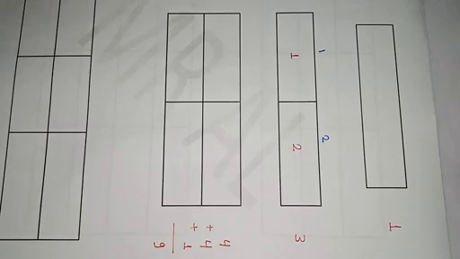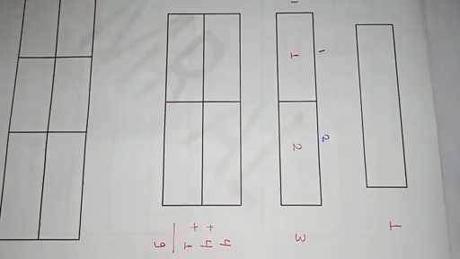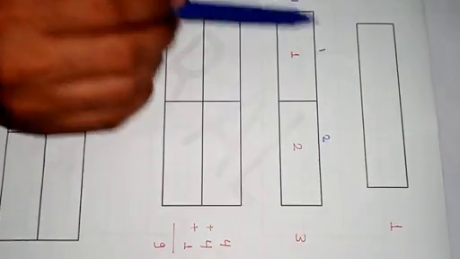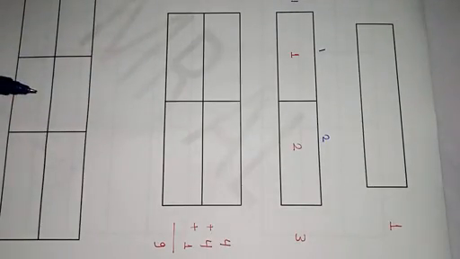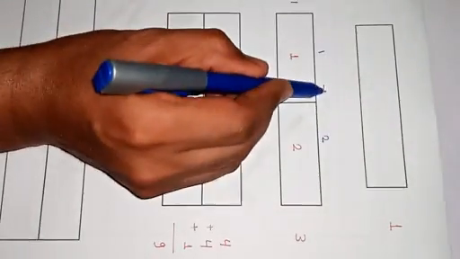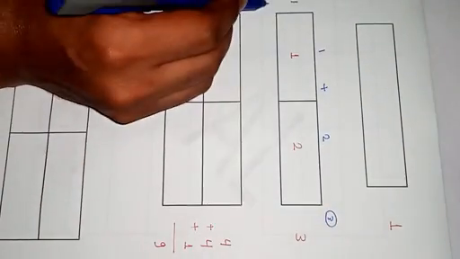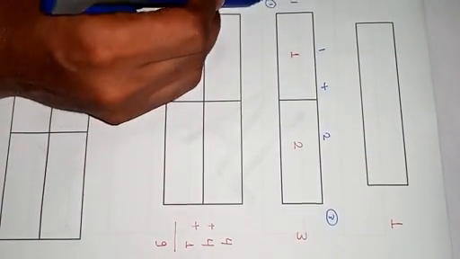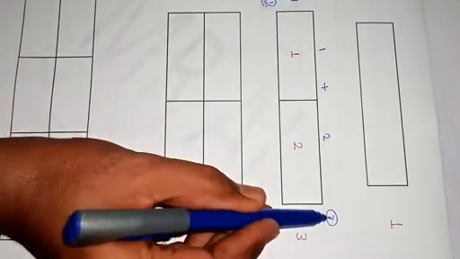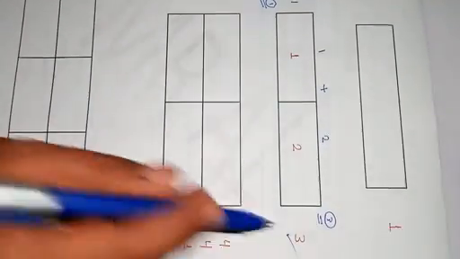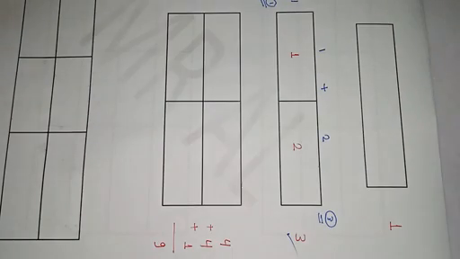Vertically 1, and horizontally 1, 2. Let's add them. 1 plus 2 equals 3, and that is 1. Multiplying 1 and 3, 1 times 3 leads to 3. Then we have 3 rectangles.